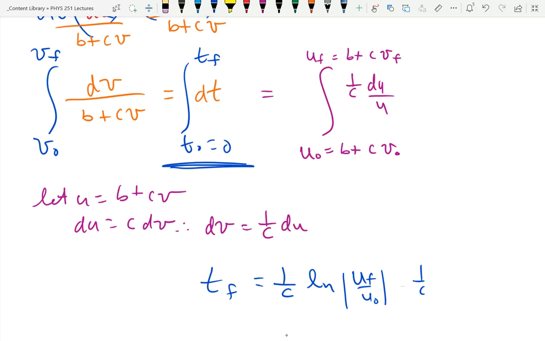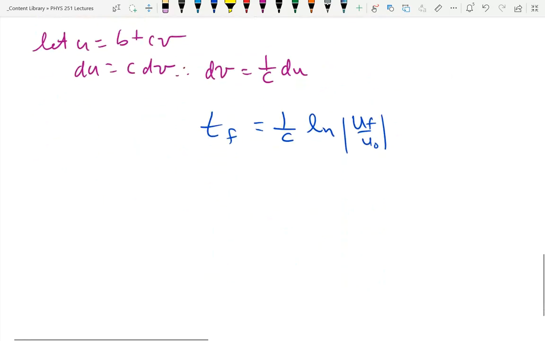Just to save myself writing, I'm going to do the next step before I substitute. So how do I get rid of a natural log? Everything basic.